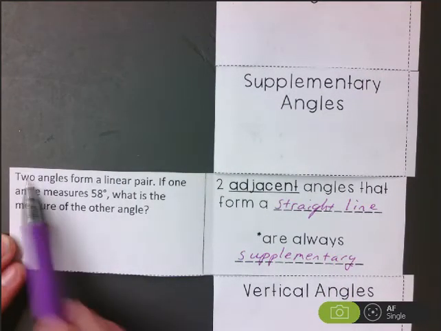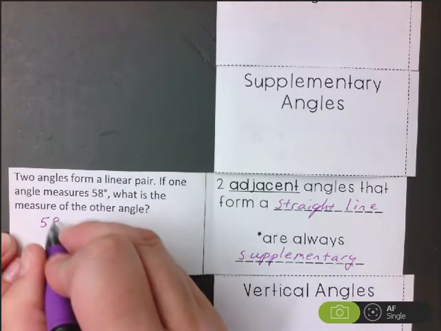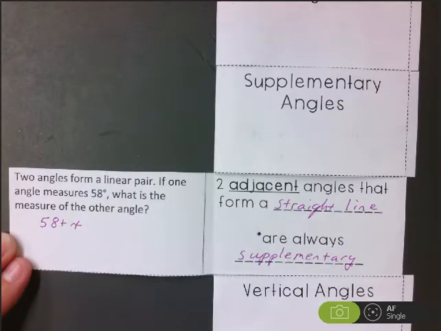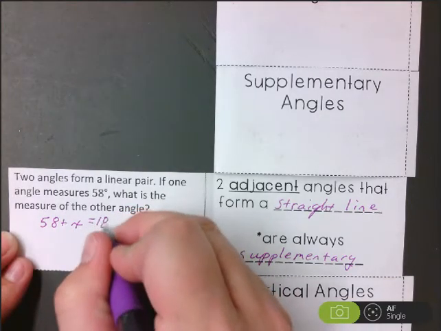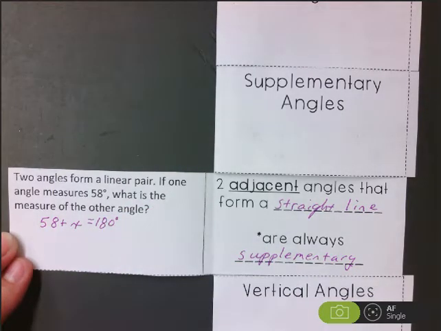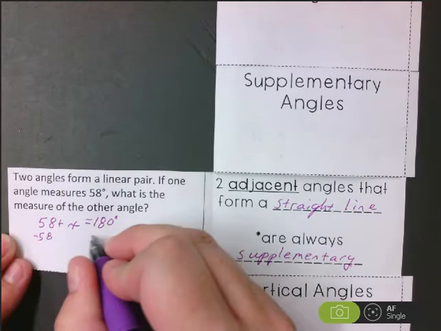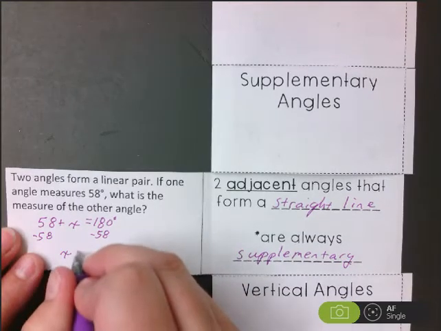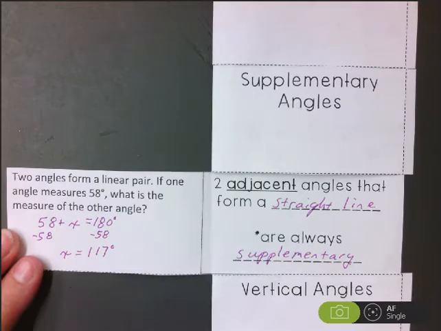So they said two angles form a linear pair, so I know when I add them together, 58 plus x, because I don't know what that other one is, they have to equal 180 because they are supplementary. Equals 180 degrees. So I'm going to subtract again, subtracting my 58 from both sides this time, and I get x equals 117 degrees.